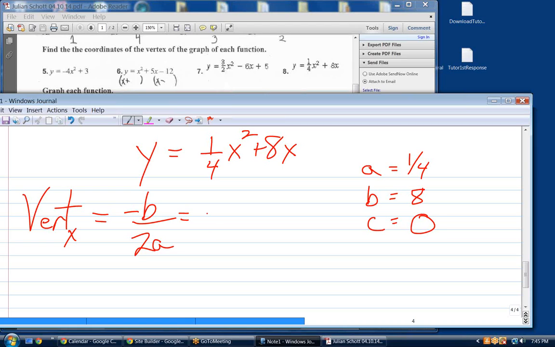Specific answer, minus 8 over 2 over 4. When you take 1/4 and you have 2 of them, you have 2/4.